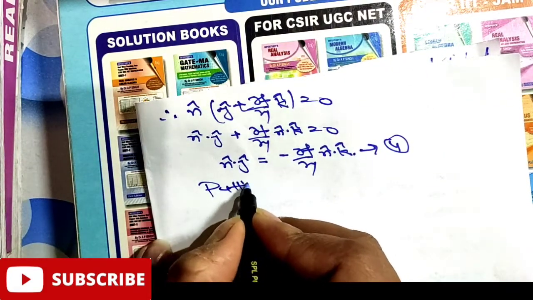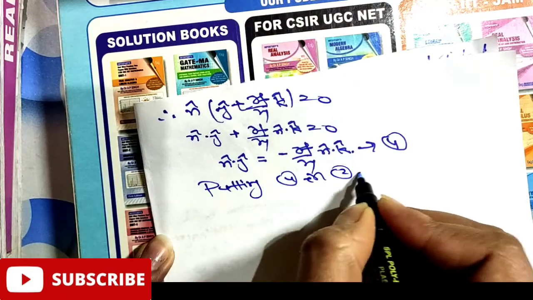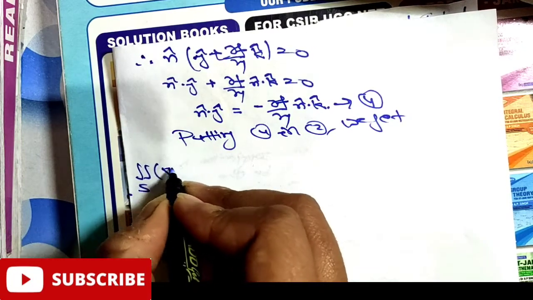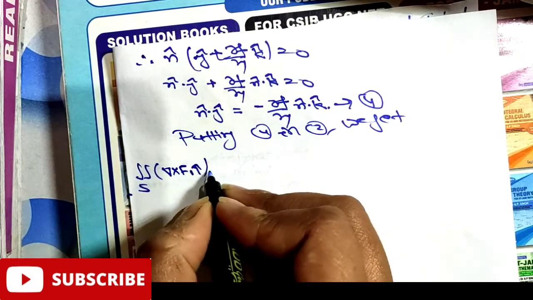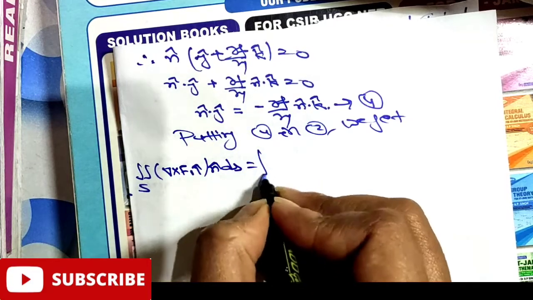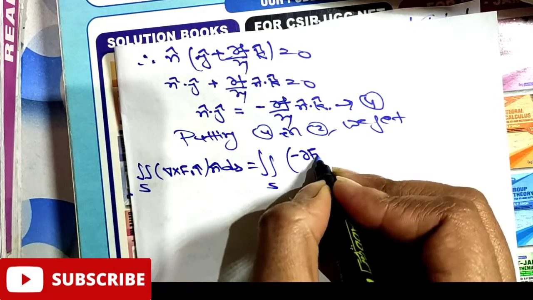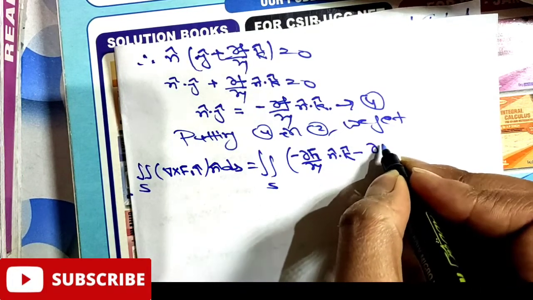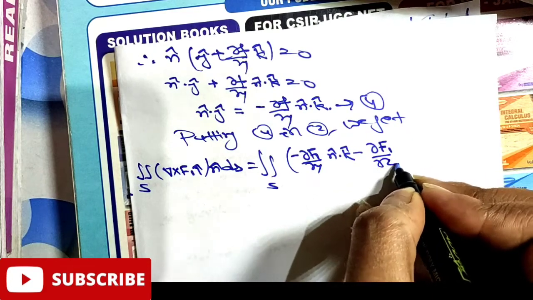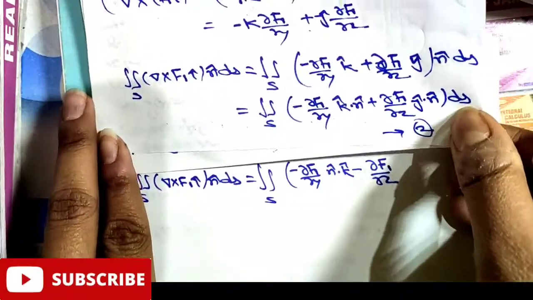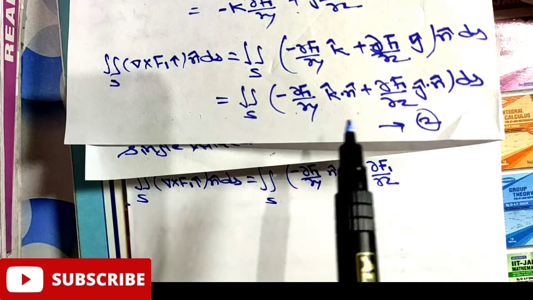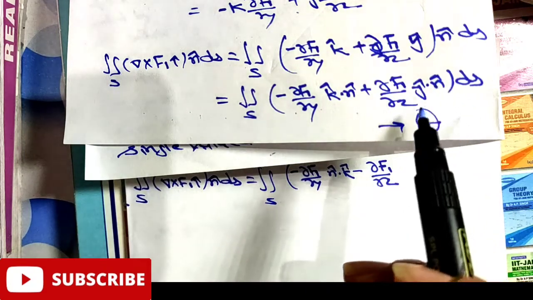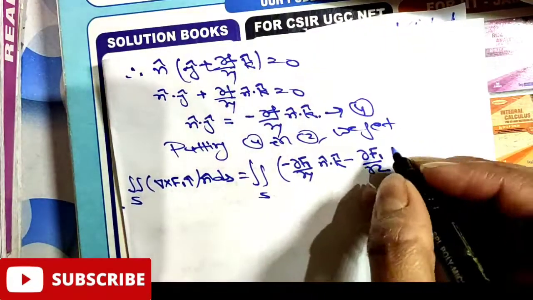Putting 4 in 2, we get the surface integral of del cross f1 i cap dot n cap ds equals the surface integral of minus del f1 upon del y n cap dot k cap minus del f1 upon del z. So this is the equation 2. So we are going to put the value here: minus del f1 upon del z, z dot n is equal to what?